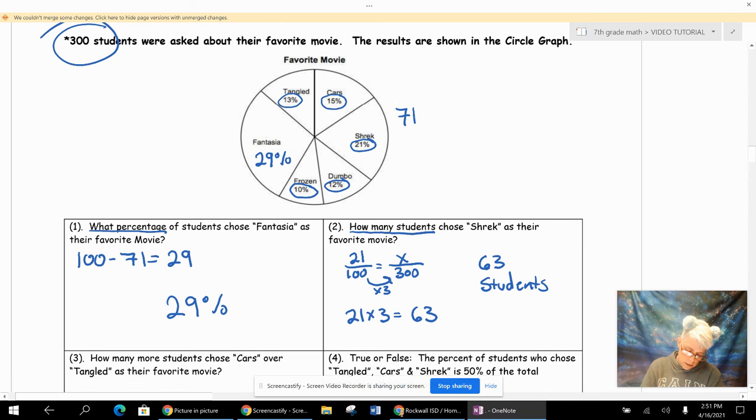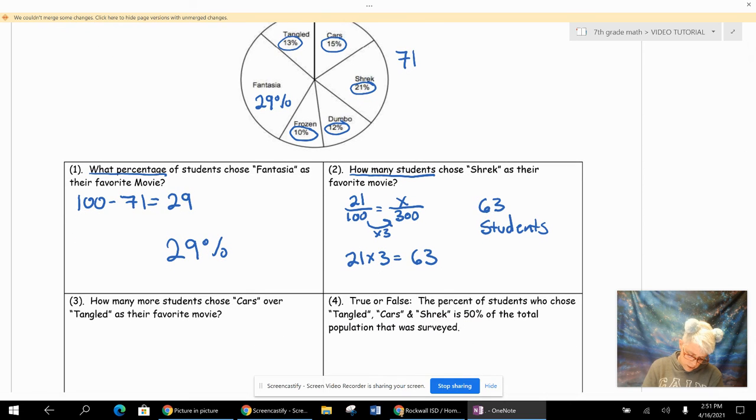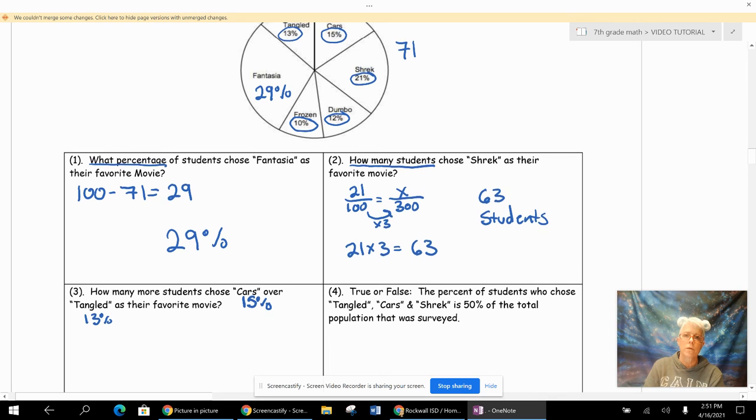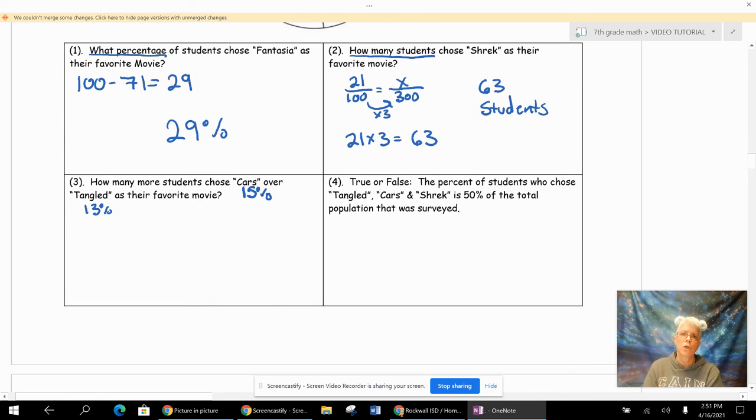Cars is 15%. Tangled is 13%. So the difference between those 2 numbers is 2. So I'm going to find 2% of the data, and that'll tell me how many more students chose cars over Tangled.